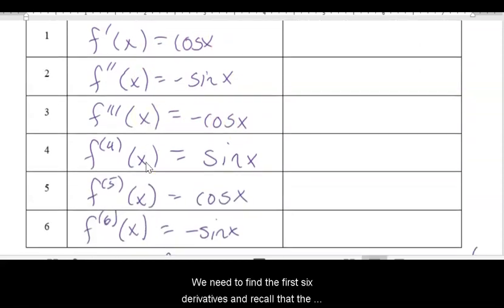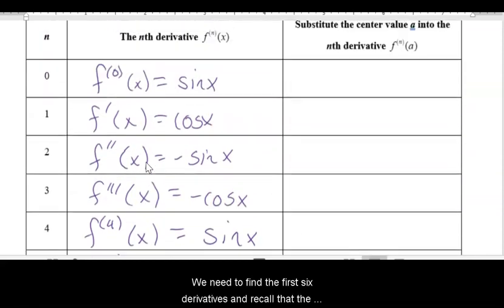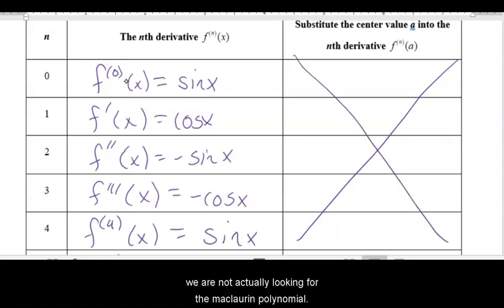We need to find the first 6 derivatives and recall that the 0th derivative is actually not the derivative at all. It's the original function. In this case, we don't need the right-hand column since we are not actually looking for the Maclaurin polynomial.